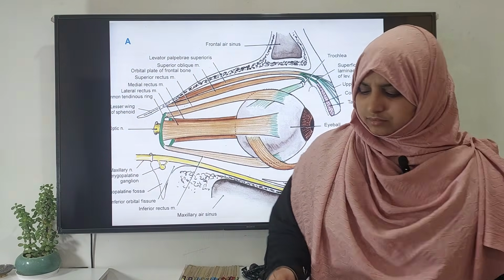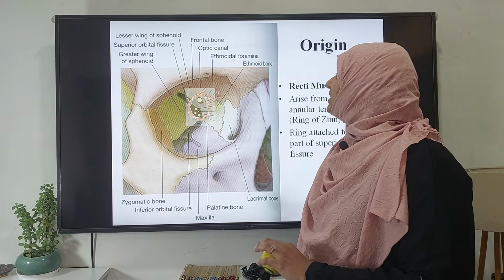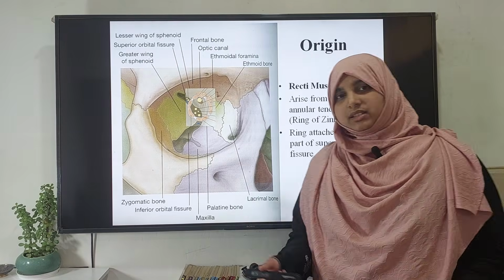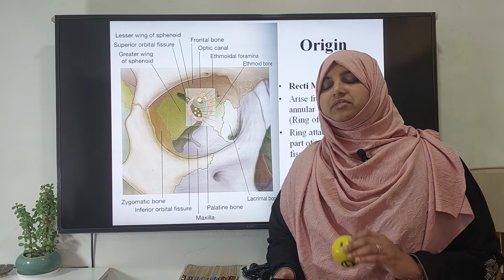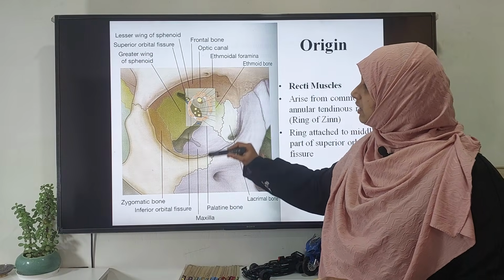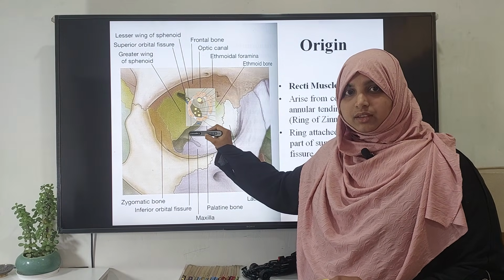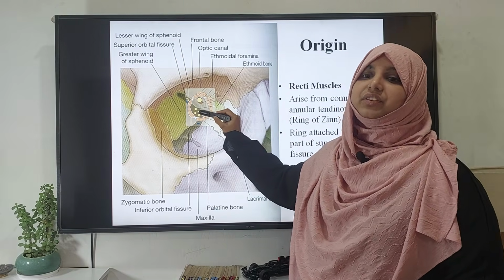So these are the 6 to 7 muscle names. Yes. So now let's see the common origin and common insertion. It's very, very easy. Now guys, again, we are going in for the orbit. Can you name this? That is the superior orbital fissure.